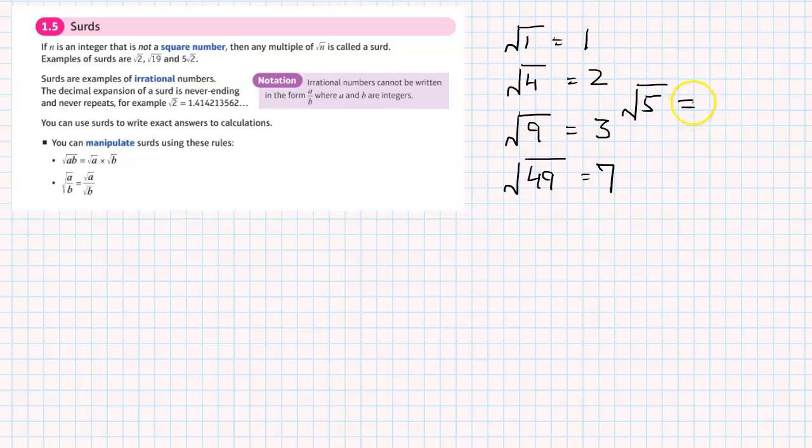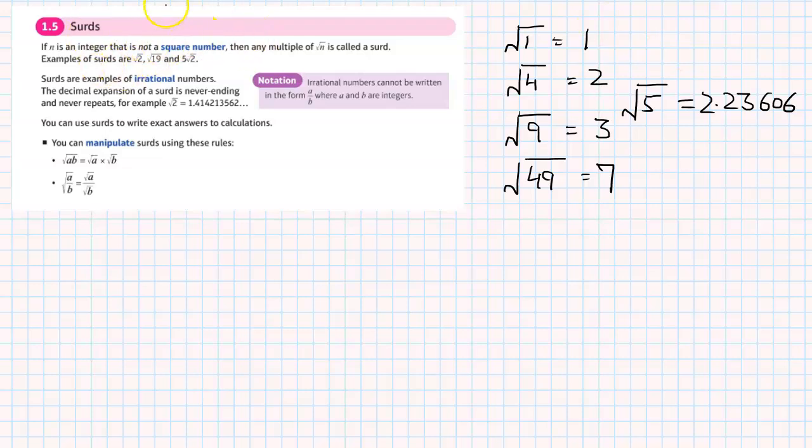If I check my calculator, it is 2.23606, something like this. Such numbers are called surds, but not only this: the numbers whose roots are not natural numbers are called surds. There are other things also involved.